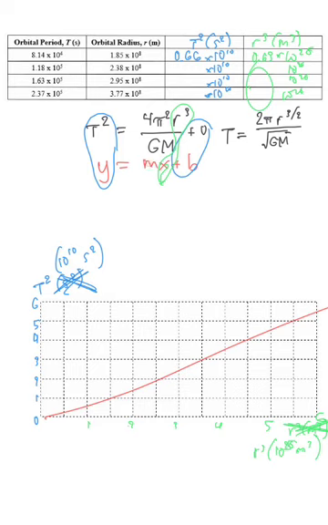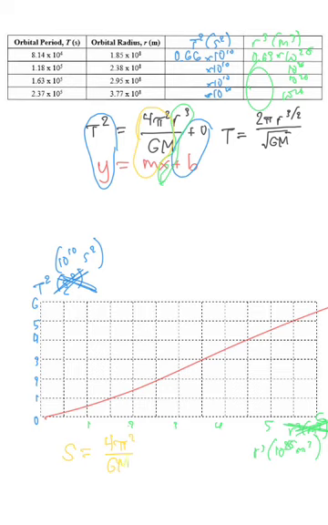So if I circle all that stuff together and say that the slope, and again, I don't like using the lowercase m for slope because I think it's easy to get mixed up with a little mass or the mass of the satellite. So I'm going to change the slope to an s. So just say that the slope is equal to 4 pi squared over gm.